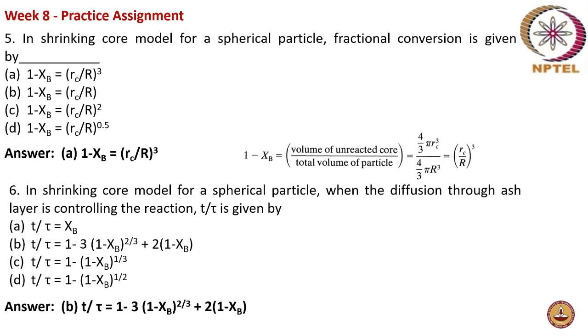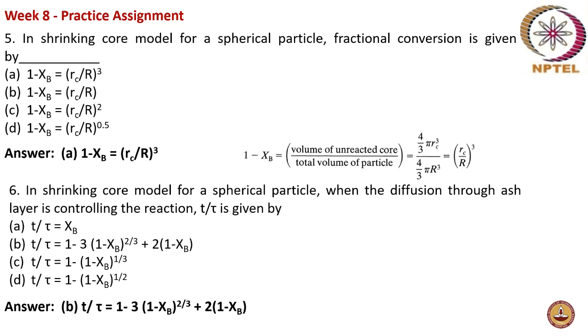Can you see the right answer? It is actually option B. Option B, T by tau is equal to 1 minus 3 into 1 minus xb power 2 by 3 plus 2 into 1 minus xb. This is the expression for when the diffusion through the ash layer is controlling the reaction. Whereas your option A is when the gas film is controlling the reaction, and option C is when the reaction is the rate controlling step.